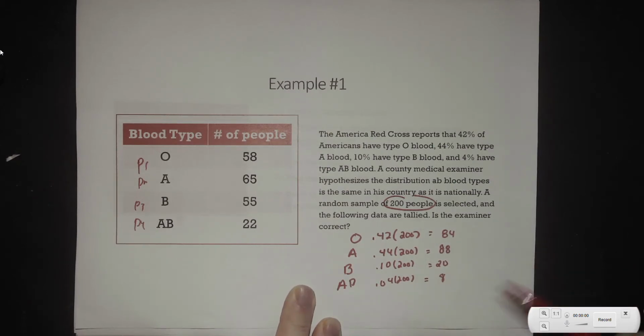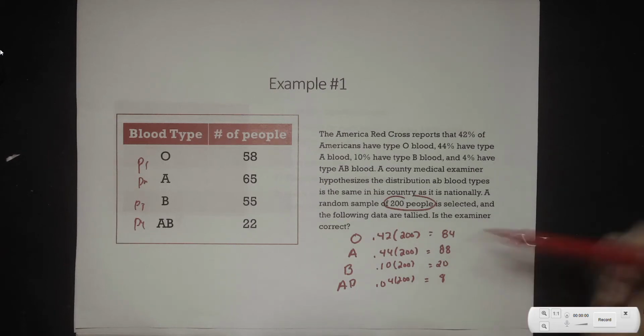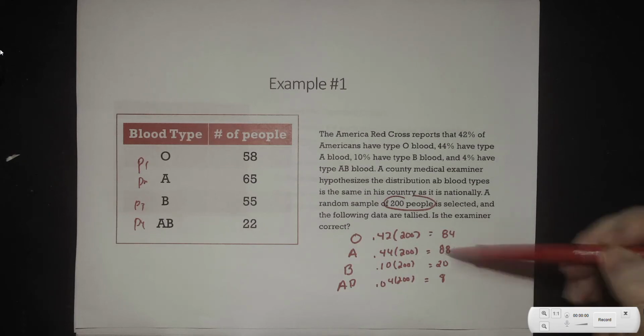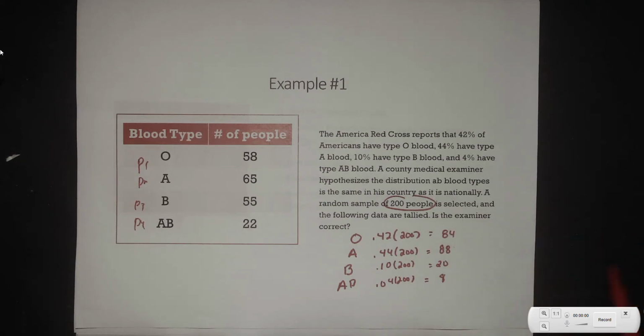So just add those up real quickly in my head. Wait, that might not be right. No, that's right, because it's 20. Okay, good. That works. So that's basically what we should expect if the actual blood types are right. If the blood type for O is really 42%, in 200 people we should expect to have 84.